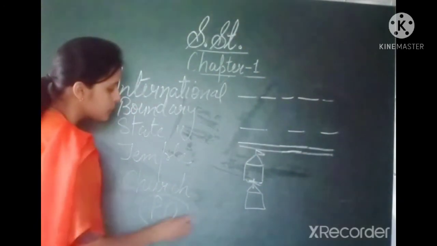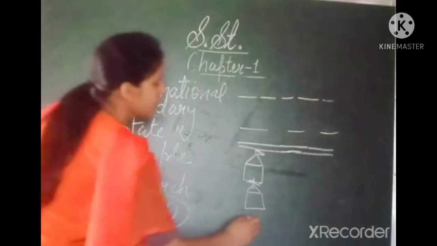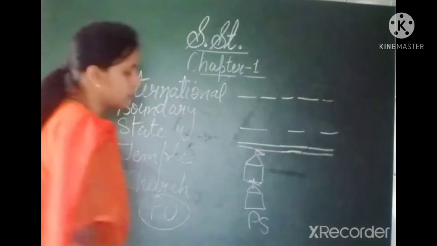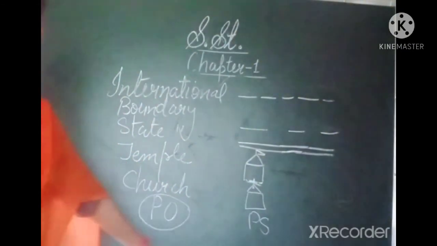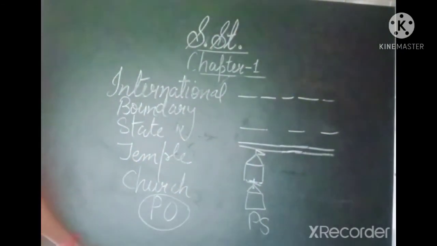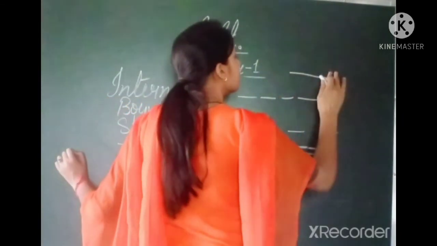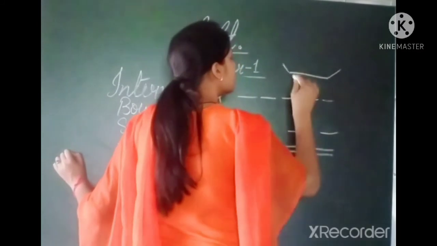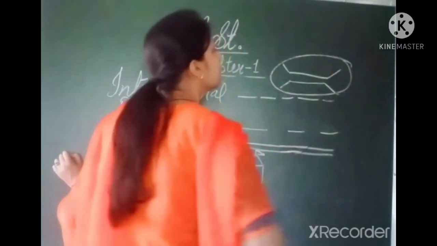For post office we use PO. For police station we use PS. Now for a bridge we use this type of symbol. This one is of a bridge.